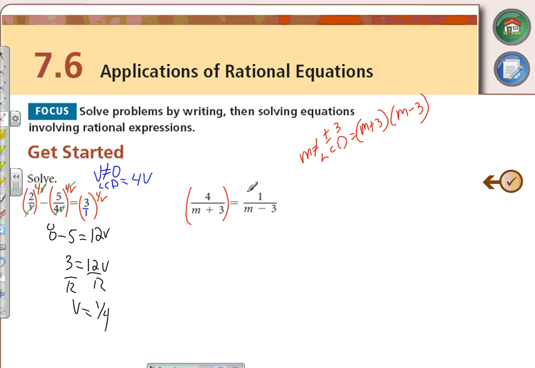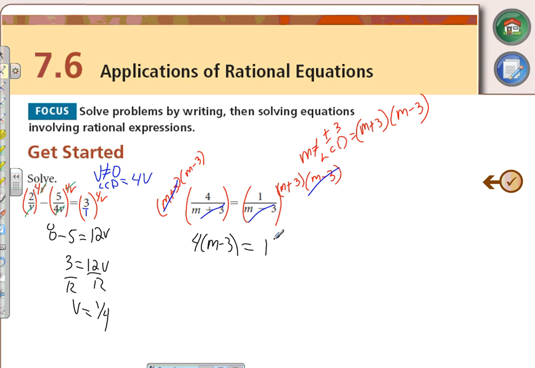So bracket them off and multiply. And gone, gone, gone, gone. That gives us 4 times that equals 1 times that.